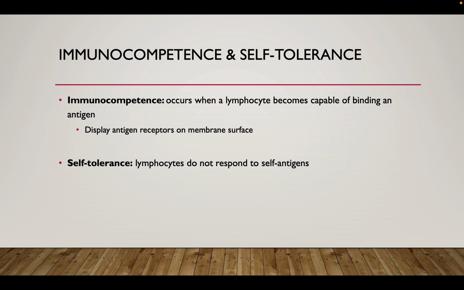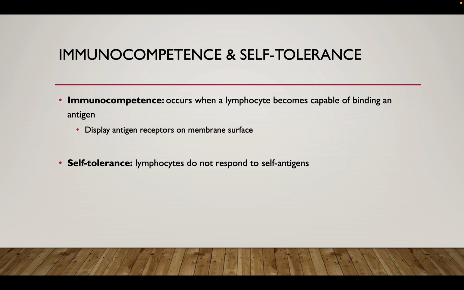With T cells, there's positive and negative selection, in which you positively select ones that will target foreign tissues and foreign antigens, which is good, and then negatively select, you get rid of the ones that would target self cells. You can read about it in your textbook: keeping cells that we want that will target foreign antigens and getting rid of those cells that will ultimately respond to our own cells and tissues.